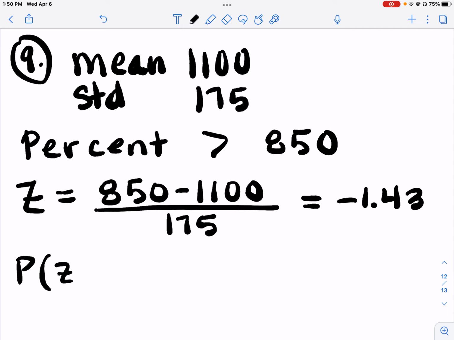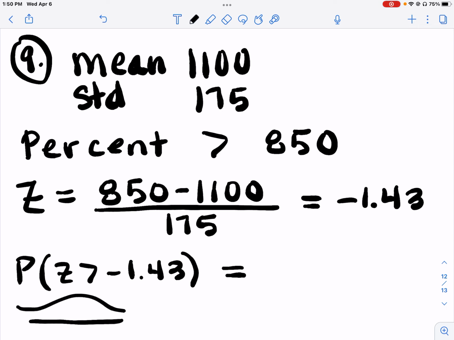Since it said more, we're doing greater than. Negative 1.43 is less than 0. Greater than means the right area, which means we're going to do 1 minus and look up our z.